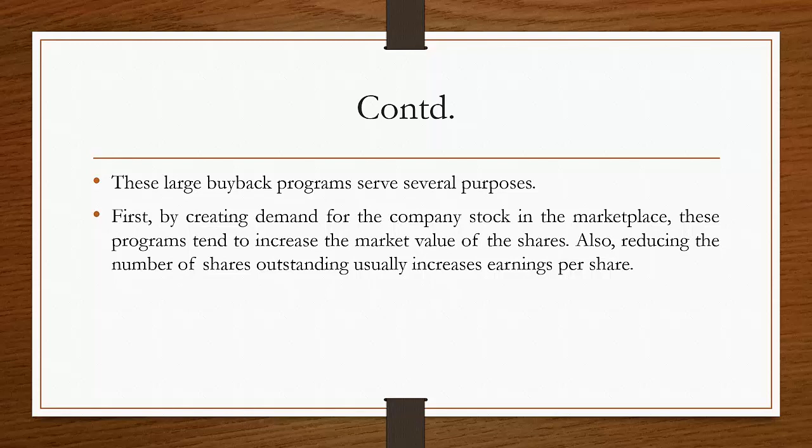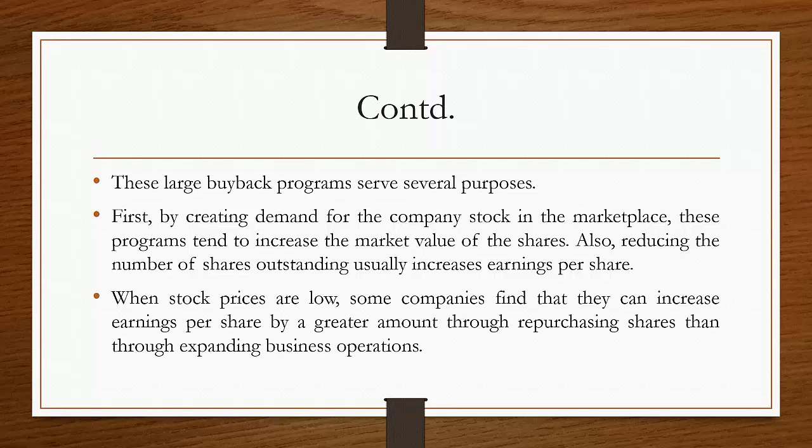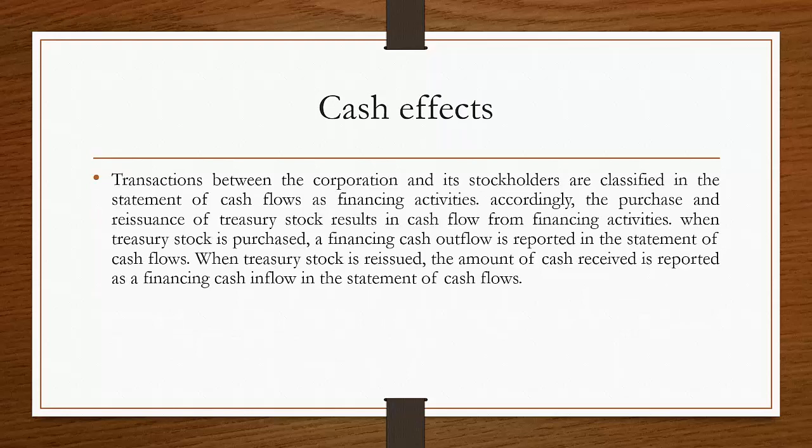Also, reducing the number of shares outstanding usually increases earnings per share. When stock prices are low, some companies find that they can increase earnings per share by a greater amount through repurchasing shares than through expanding business operations.